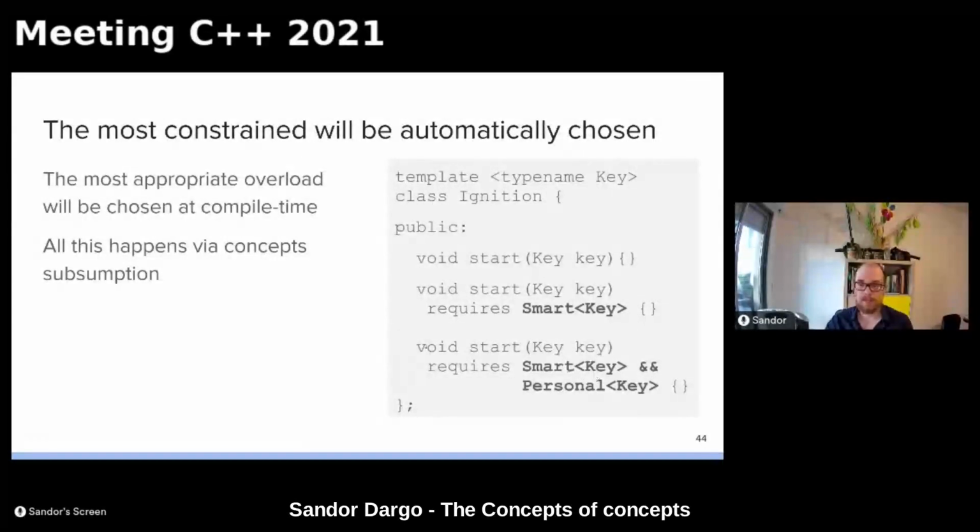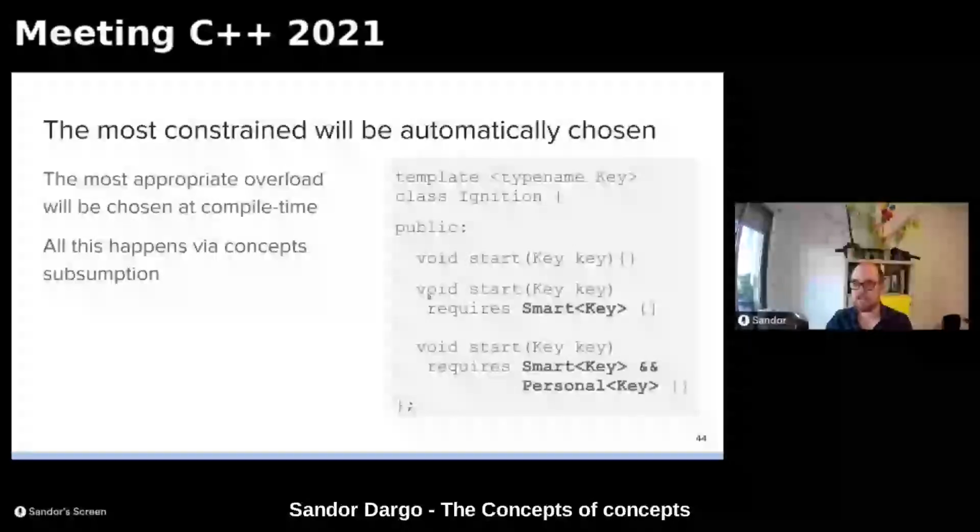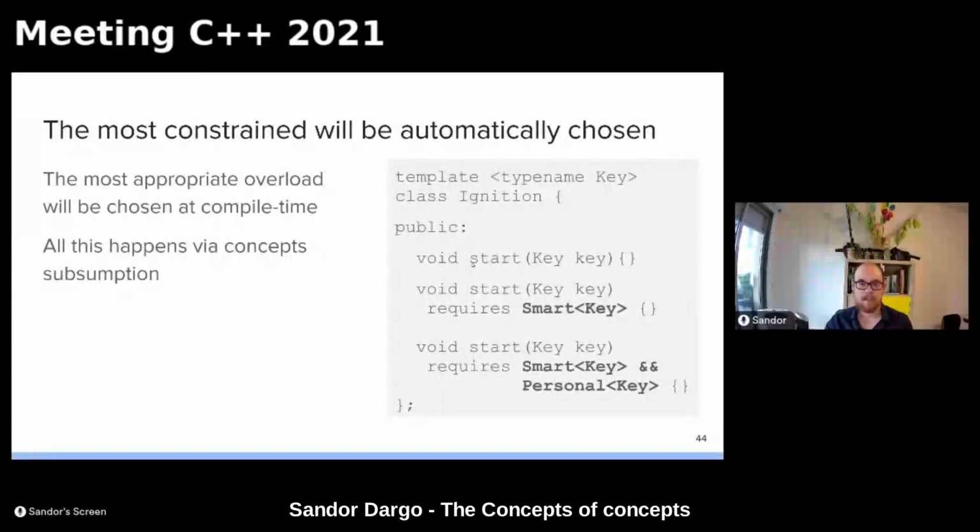And via subsumption rules, the compiler will choose the right one. Here we don't have the time to go into details of the subsumption rules. If you want to read a good article on it, I would recommend you go to Andreas Fertig's blog and check his article on subsumption rules.